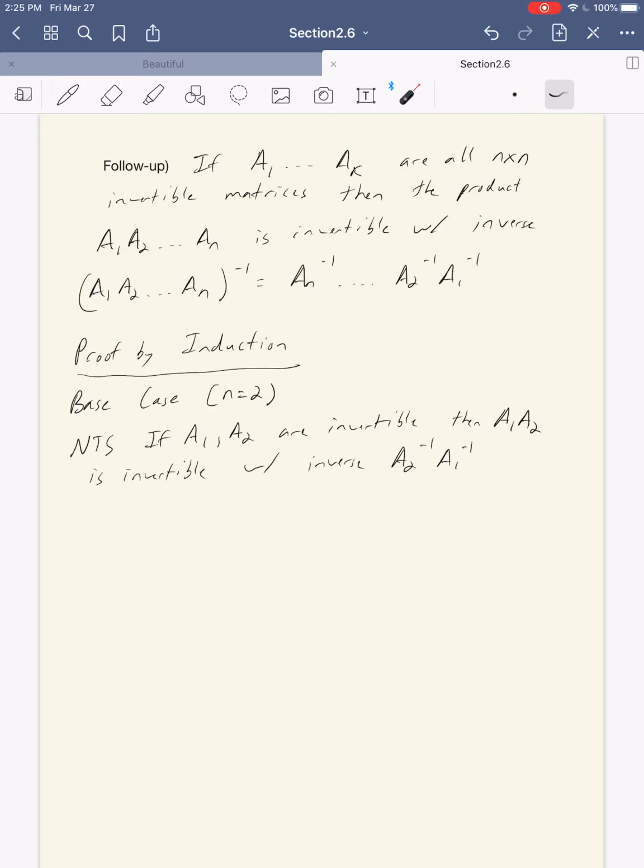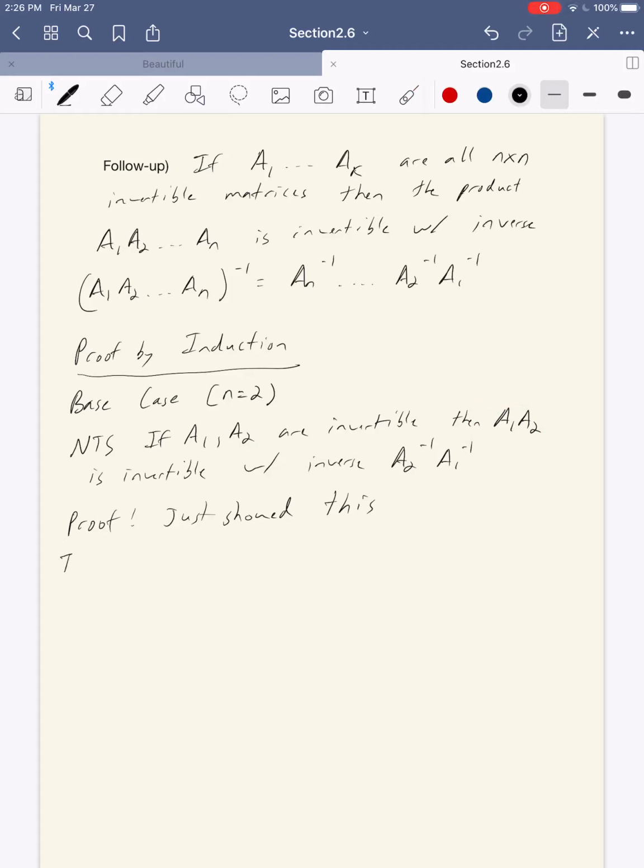Now, do we need to do much to do this? Well, no, because this is for two matrices, and we just did that in the previous one. So let's put our little proof there. Proof: just showed this. Okay, so we don't need to do anything for the base case because the base case of having two matrices is what we already just showed.